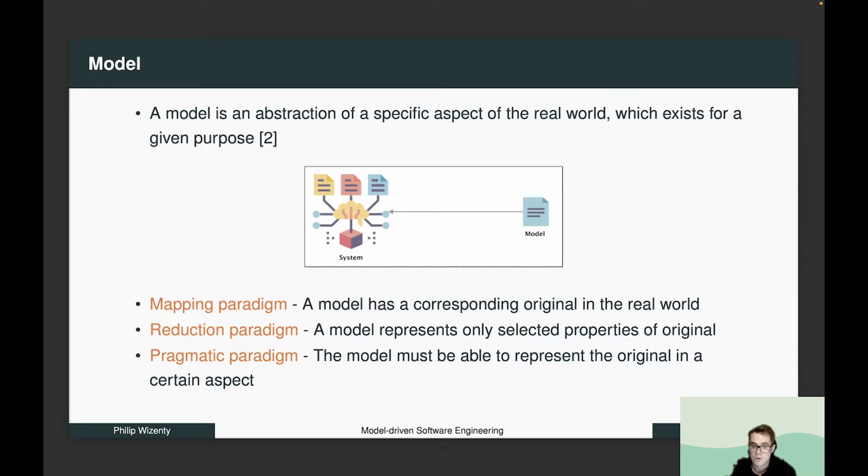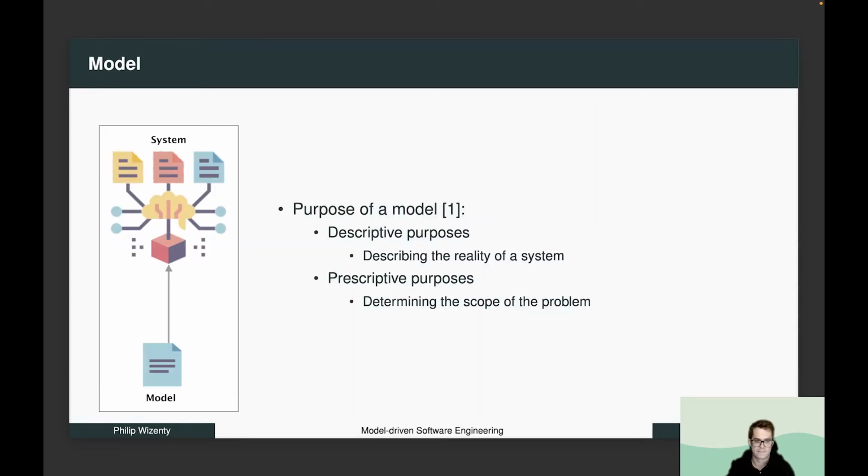The mapping paradigm defines that the model always has a corresponding original in the real world. The reduction paradigm addresses the abstraction of the model and that only selected properties of the real-world object are transferred to the model. The pragmatic paradigm says that the model must represent the real object in some helpful way.